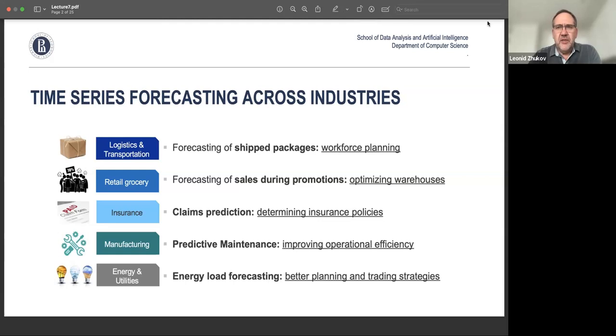If you take the insurance industry, there is also a need for forecasting, to predict the amount of both claims and participants of insurance. Clearly, within manufacturing, you want to predict potential malfunction of equipment or predict the output, the yield of the processes. Or with energy, you try to predict and plan the demand for energy and plan production for energy.